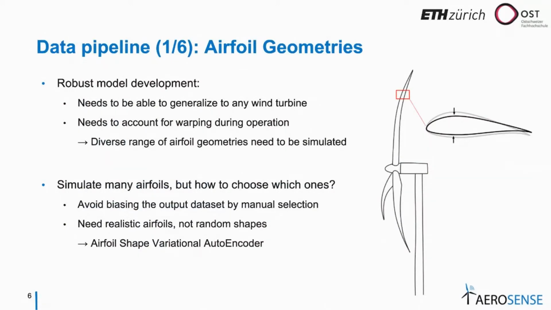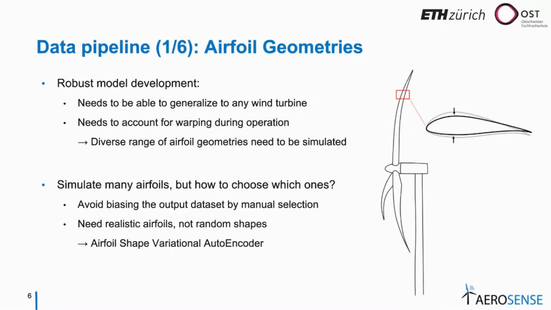So first up, to develop a robust data set which we can say would represent what happens in real life, we need to be able to generalize to any wind turbine, and we need to account for some warping or deformation of the blades, and thus the shapes of the airfoils, during the operation.